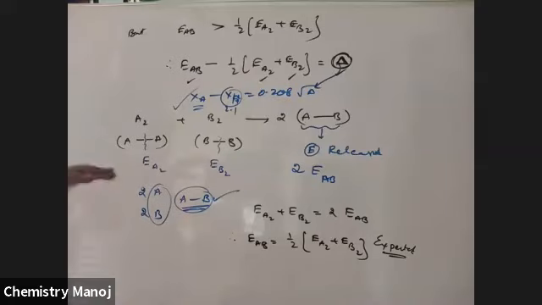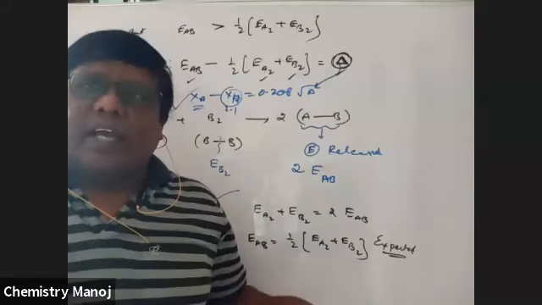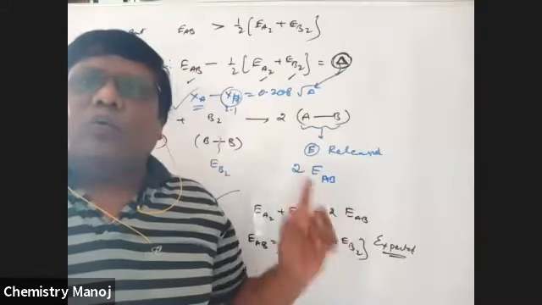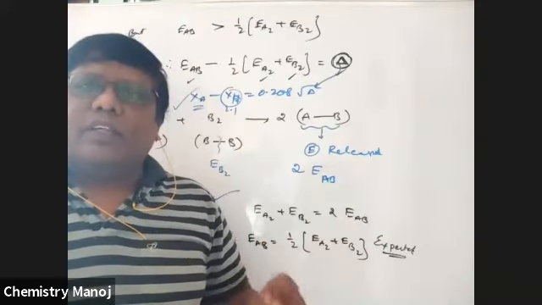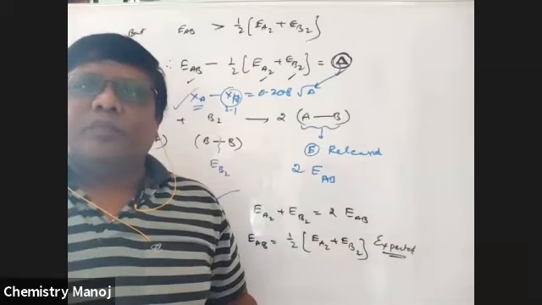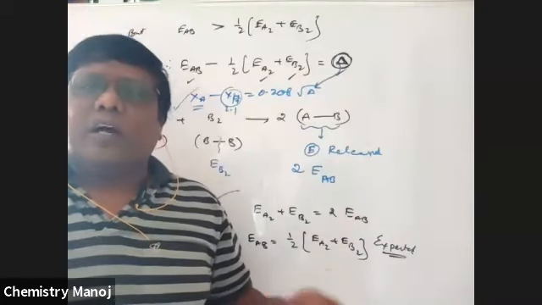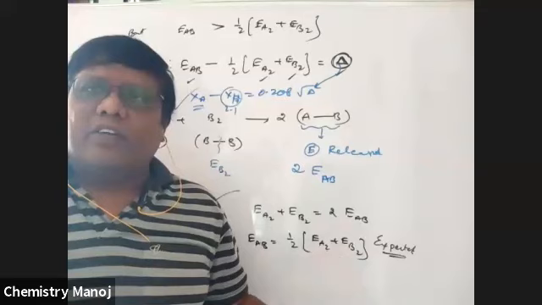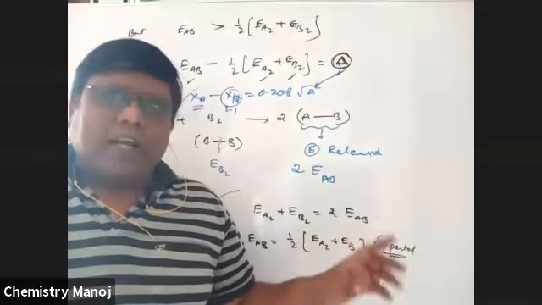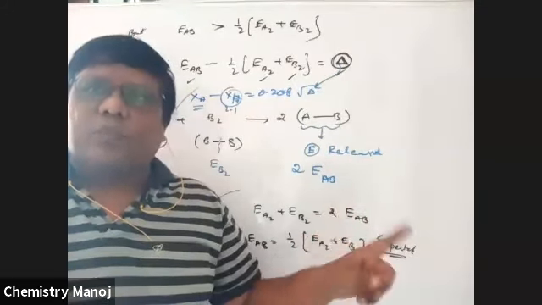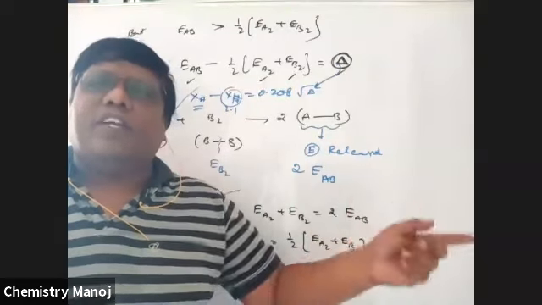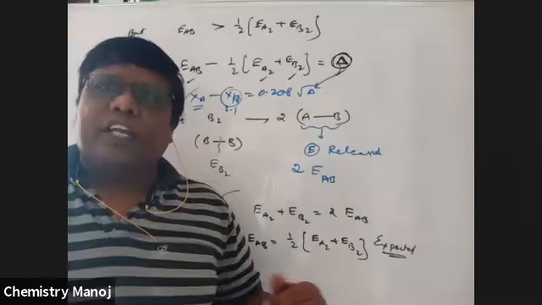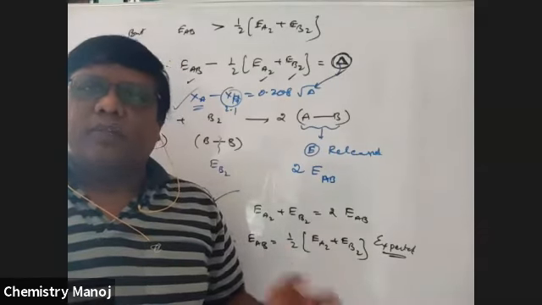All the electronegativity values calculated by this method are only with respect to hydrogen. All electronegativities on the Pauling scale are relative values with respect to hydrogen. If the electronegativity of fluorine is 4.0, it means that if hydrogen is 2.1, then fluorine is 4.0 with respect to hydrogen.